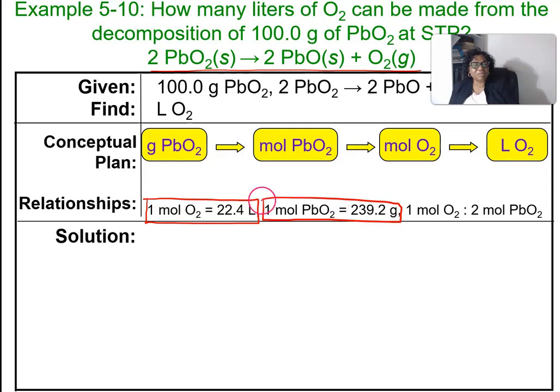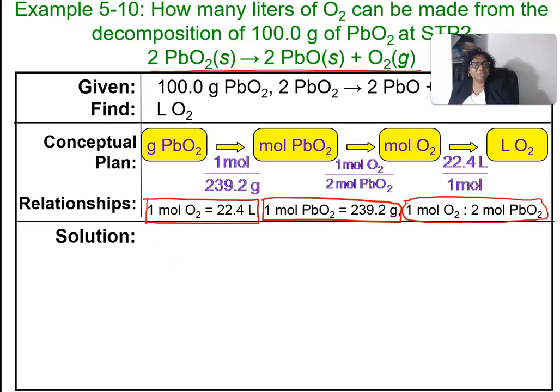This is the molar mass. And this is the mole ratio of oxygen and lead-4 oxide from the balanced equation. So those are the conversion factors.